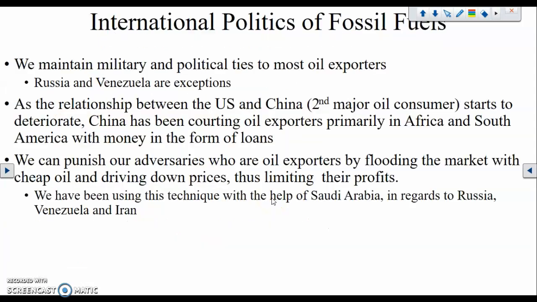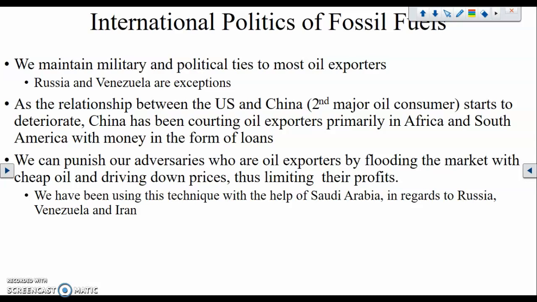So the politics of fossil fuels obviously is that a lot of countries rely on the export and import of fossil fuels or fossil fuel derivatives. China needs a lot of oil. China has, in this case, bypassed us in gross domestic product.